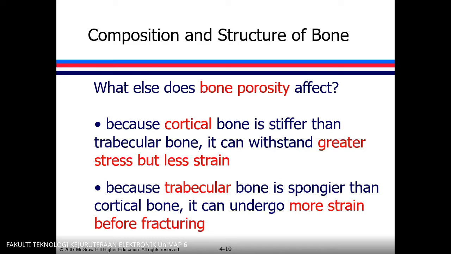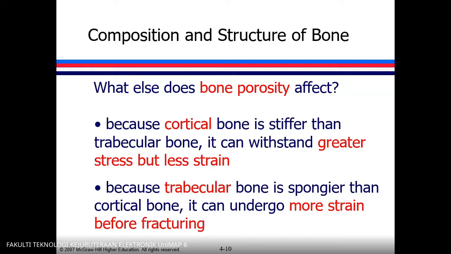Trabecular bone is spongier than cortical bone, so it can undergo more strain before fracturing. More strain means it can deform in length. Kita dah belajar tadi, strain is final length minus original length divided by original length. So that is related to changes in length. Because trabecular bone is spongy, it can undergo more strain. It's more flexible.